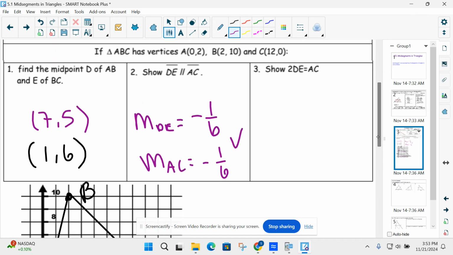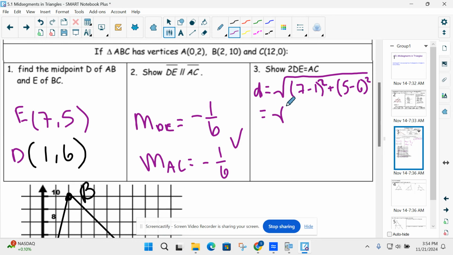And then show that twice DE equals AC. For this question, you would have to use the distance formula. Here I'm going to find the distance between D and E. We subtract the x's: 7 minus 1 squared plus 5 minus 6 squared.